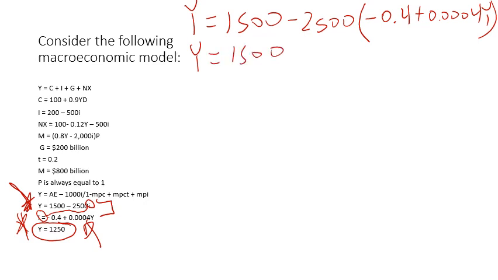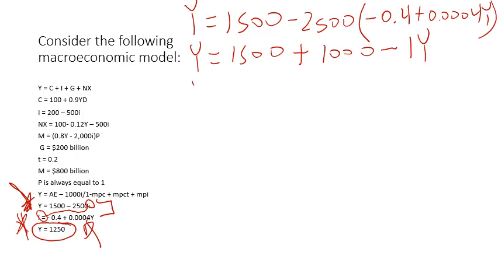All right. The next step, 1,500 plus 1,000. That's what we get when we multiply negative 2,500 times negative 0.4. And the third term is negative 1y. That's the answer we get when we multiply negative 2,500 times 0.0004y.